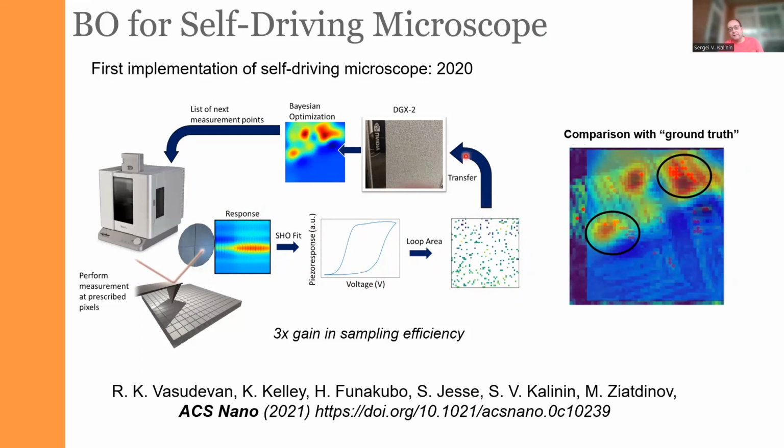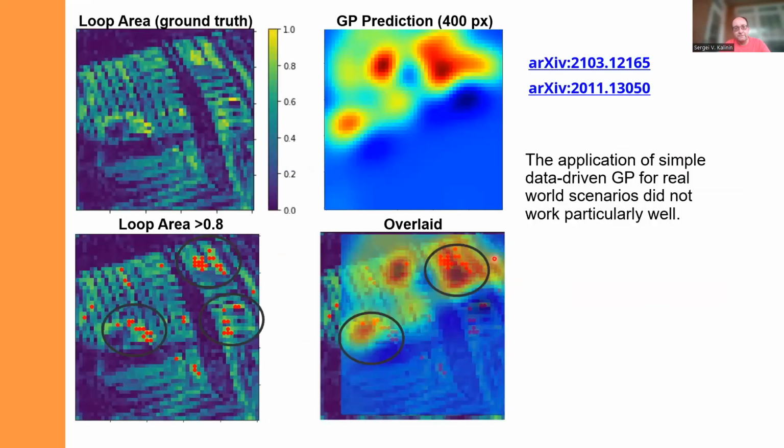And then we basically tell the Gaussian process that we want to explore our sample plane to discover the regions where the hysteresis loop area is maximum. So this is a classical optimization. In this case, we treat the sample literally as a black box. We assume that we don't know anything about the sample. And then we perform a certain form of fairly expensive measurements point by point, and we try to see whether the strategy would be superior compared to grid-based measurements.